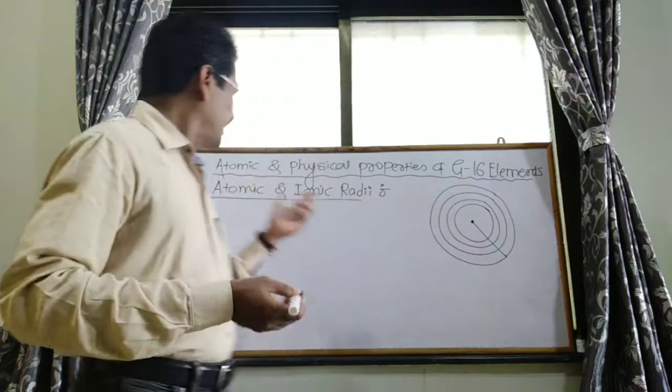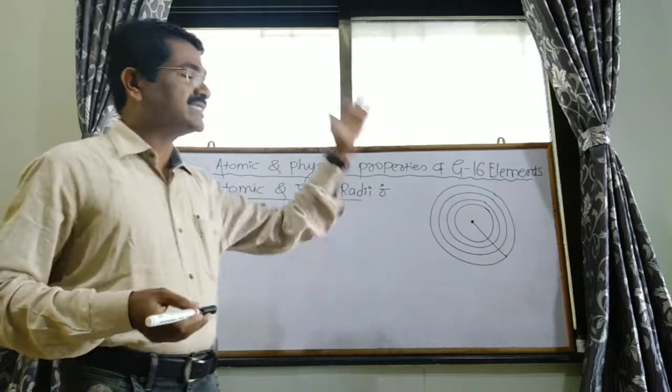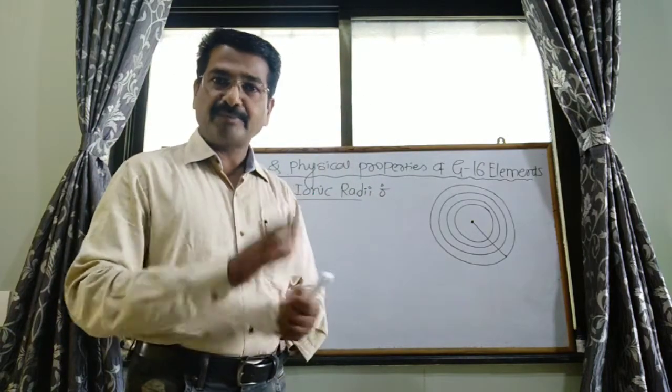So how do we discuss the atomic and ionic radii of G16 elements? What is the trend in the periodic table?